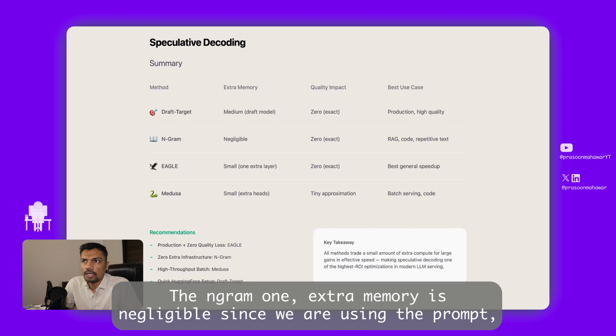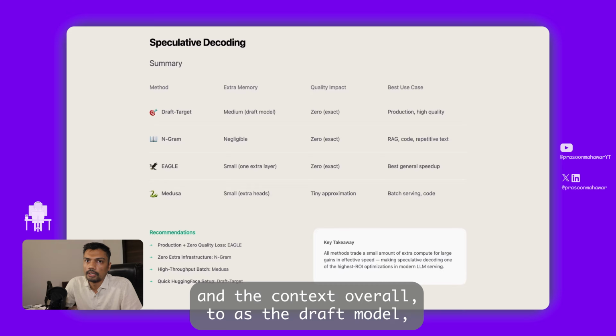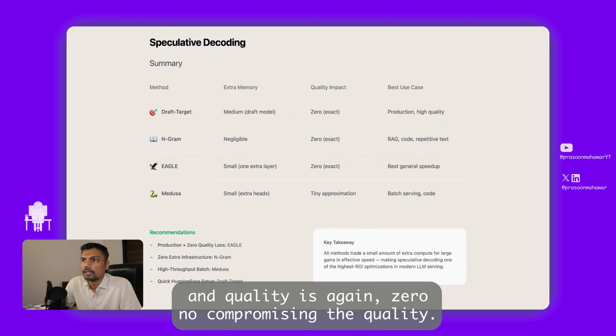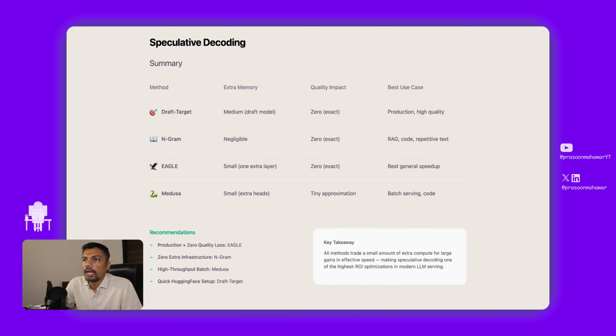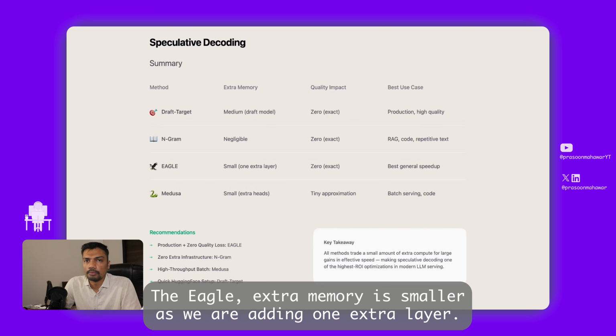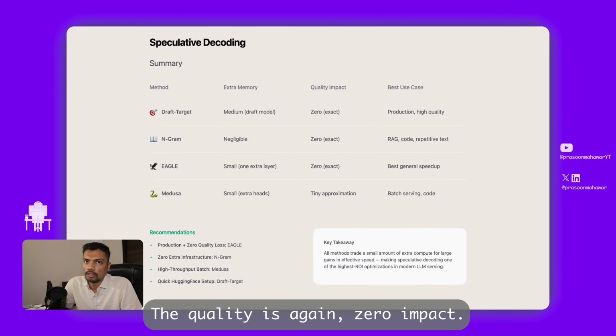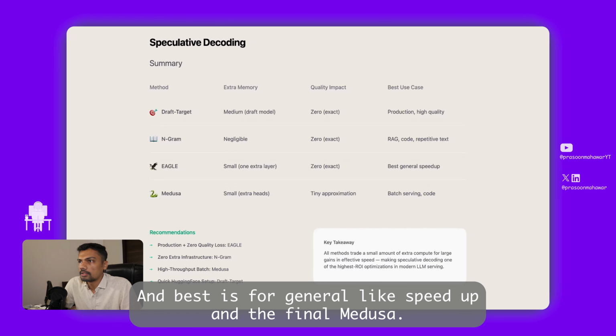The ngram one, extra memory is negligible since we are using the prompt and the context overall as the draft model, and quality is again 0, no compromise with the quality, and it's generally used in RAG, code and repetitive tasks. For Eagle, extra memory is small as we are adding one extra layer. The quality is again 0 impact, and it is best for general speedup.